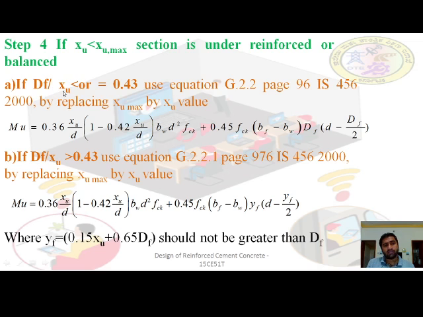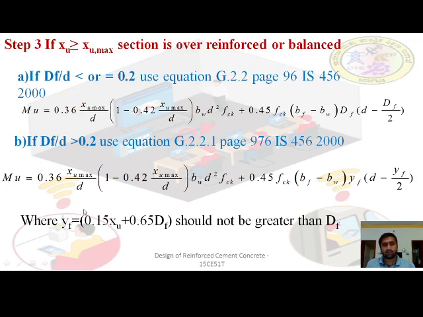If DF by XU is greater than 0.43, then we will go to the equation G 2.2.1, on page number 97 of IS 456. Once again, wherever we have written XU max in the equation, we will replace it by XU.